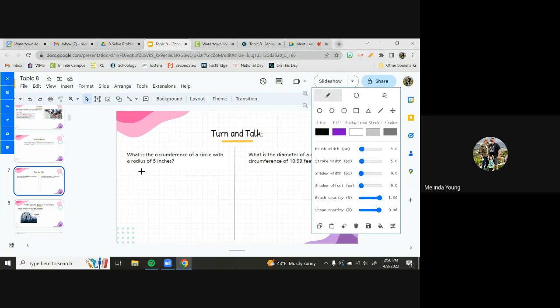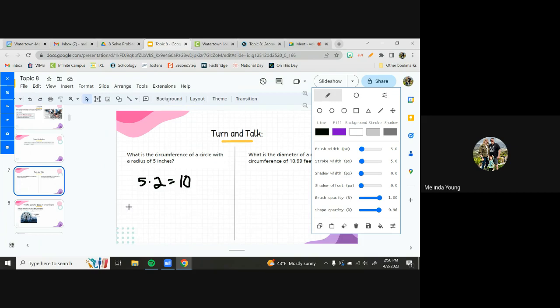Once you solve it, if you solved it correctly, the radius is 5, so to figure out the diameter, you have to double it. So it would be 10.